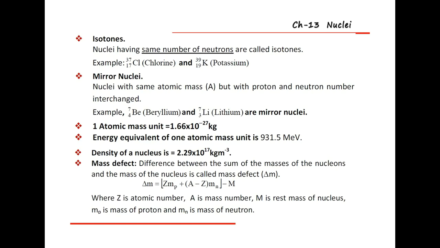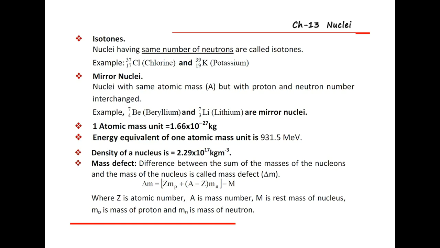Then the mirror nuclei. These are nuclei with the same atomic mass A, but with the proton and neutron numbers interchanged. For example, 4 beryllium 7 and 3 lithium 7 are mirror nuclei.